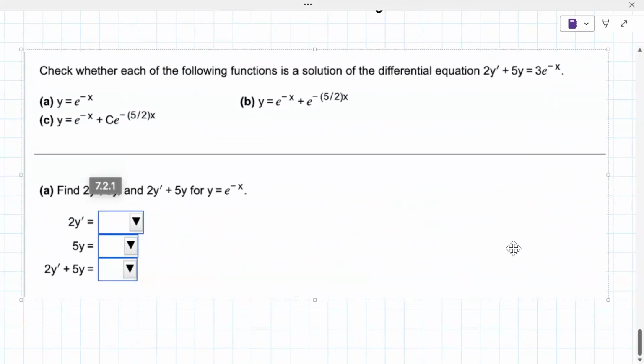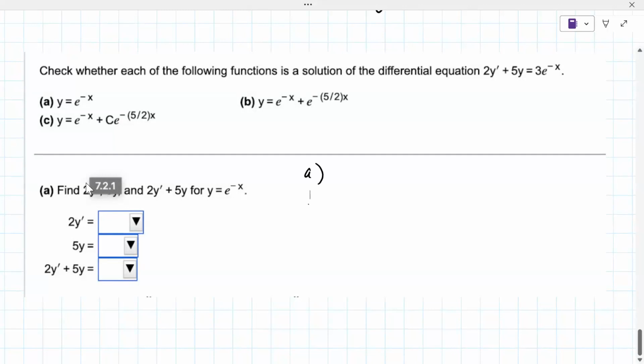So check whether each of the following functions is a solution to the differential equation. Okay, so for A, we're going to do A first. Wait, could you tell me what's under this? Oh, yes.